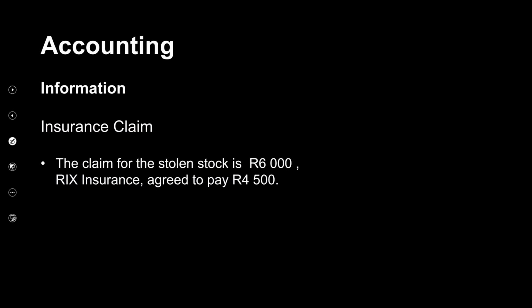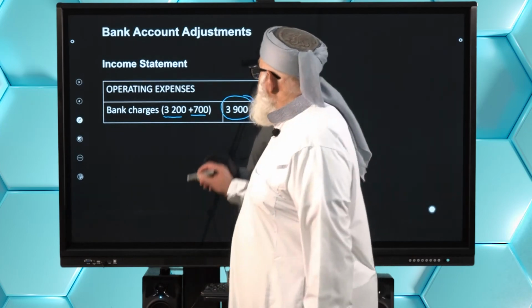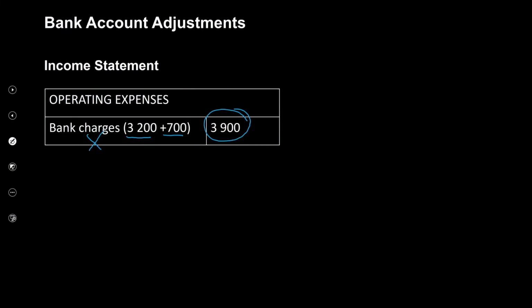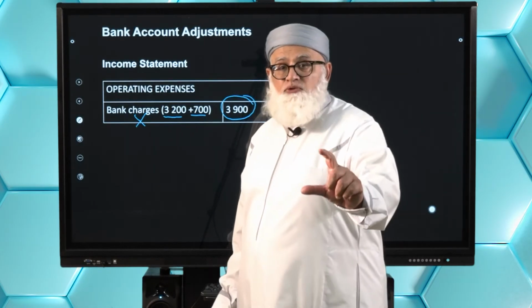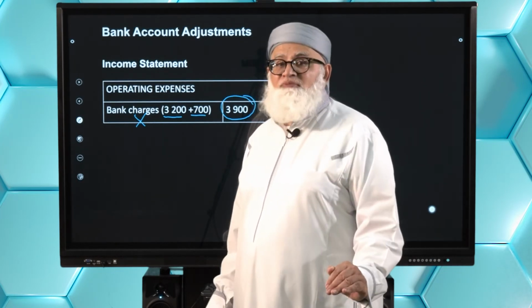Okay, but now watch. When it comes to the other one, we don't have it here, but let me explain it. The interest on overdraft will not form part of my bank charges. It will form part of my interest expense at the bottom of my income statement.